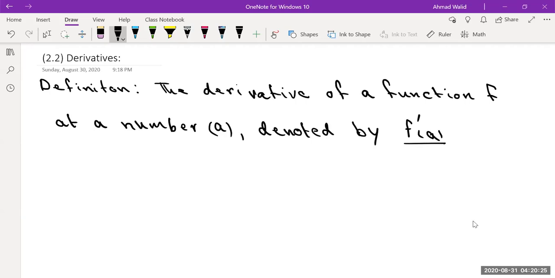This is the notation for the derivative of a function, f prime a.